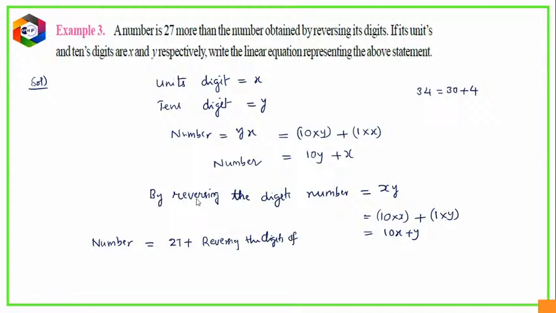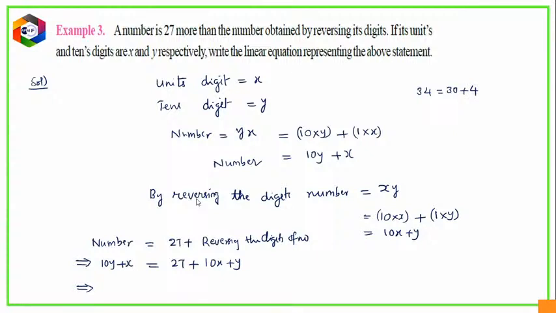In this format, 10y plus x will be equal to 27 plus the reversed number, that is 10x plus y. This is the actual format of a linear equation.